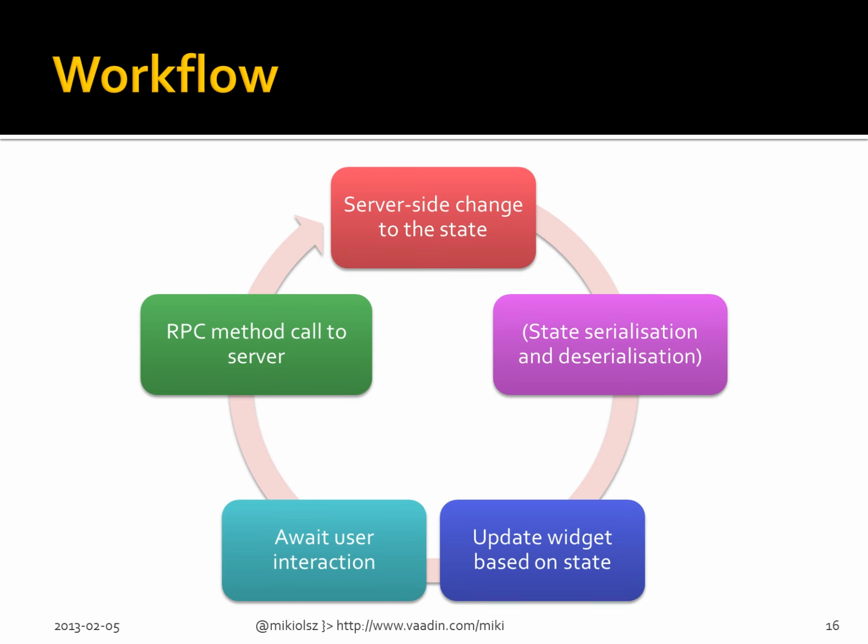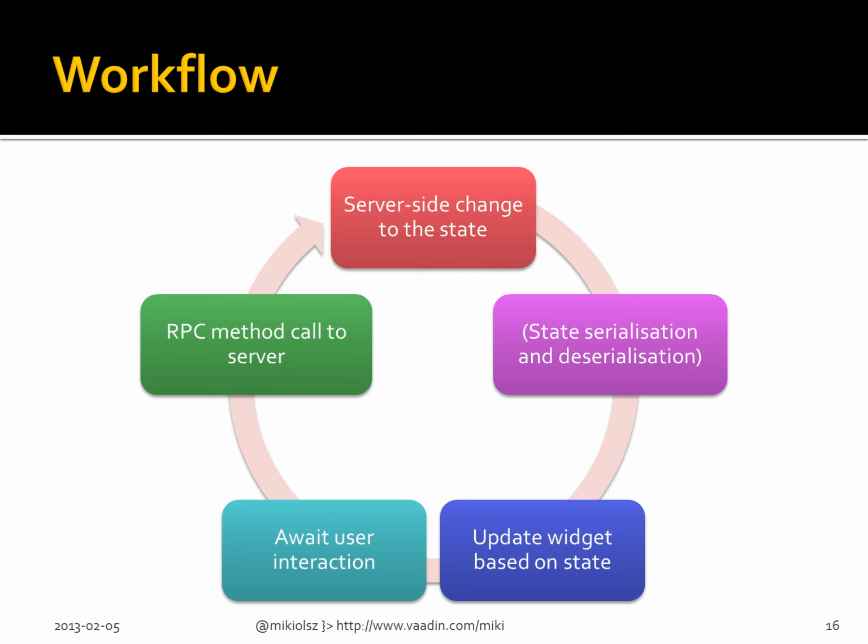This is more or less the cycle of how client and server side communication looks like. It always starts with the server side that changes the state. So something happened and the server side changes the state. Then behind the scenes we have the serialization of the state on the server side. That serialized string gets sent to the client side. The browser receives that.